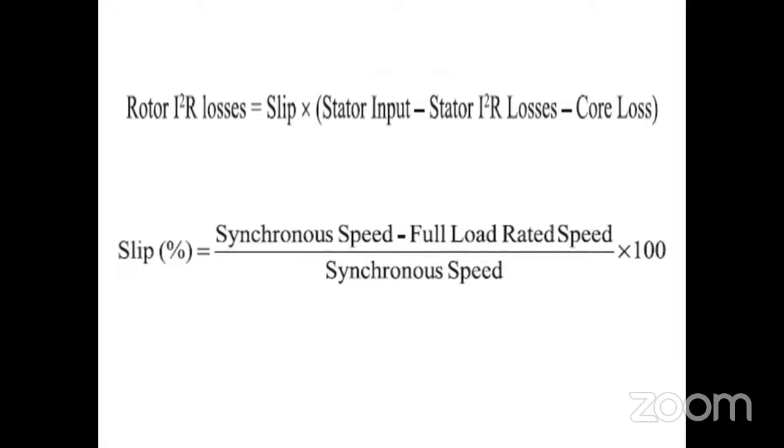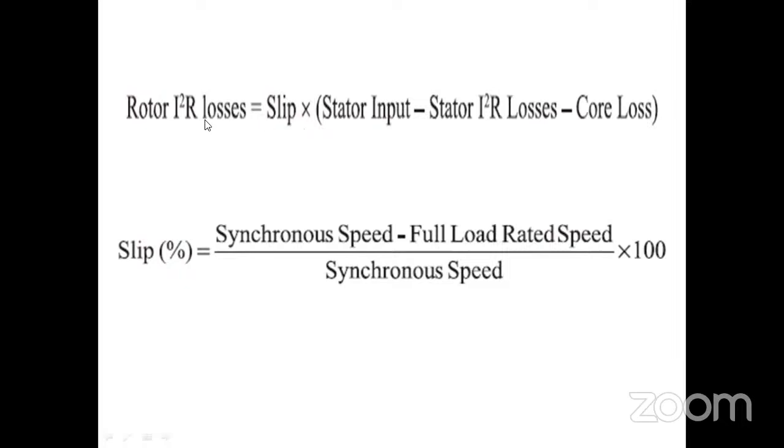One more point, sir, rotor I square R loss. It's an indirect measurement, sir. Rotor I square R loss is the stator input minus stator I square R loss minus core loss. We have to subtract stator I square R loss and core loss from the stator input and multiply it with the slip.